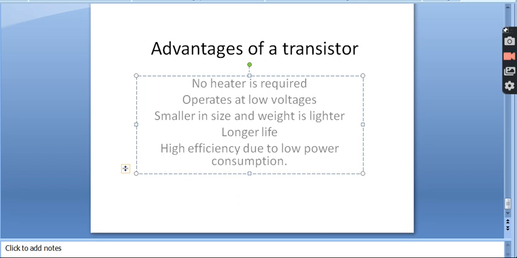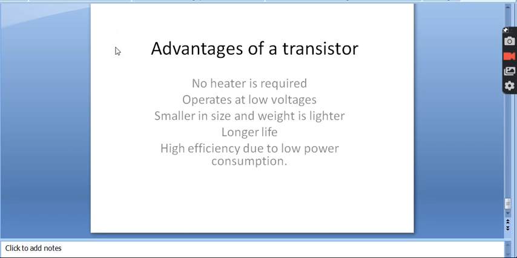The working stages of a transistor, the modes of operation. The different types of transistor configurations; in each configuration we have to learn their input and output characteristics, that is CB, CC and CE, and where the different configurations are used. Next, the transistor comparisons. Finally, what are the advantages of a transistor and their applications?